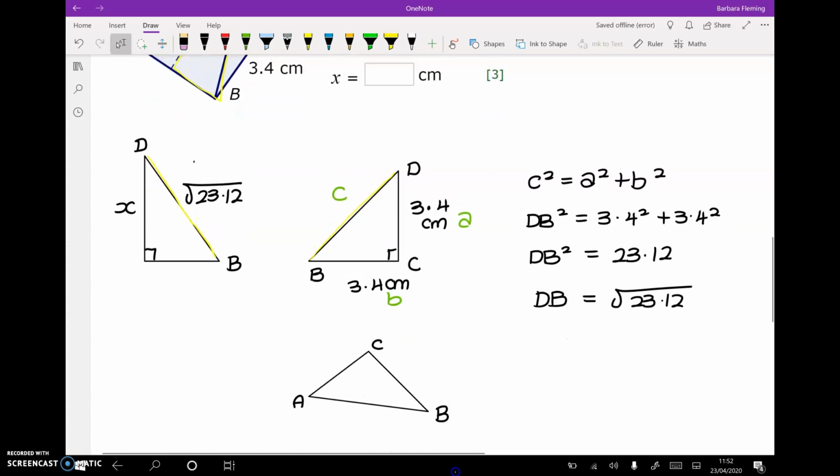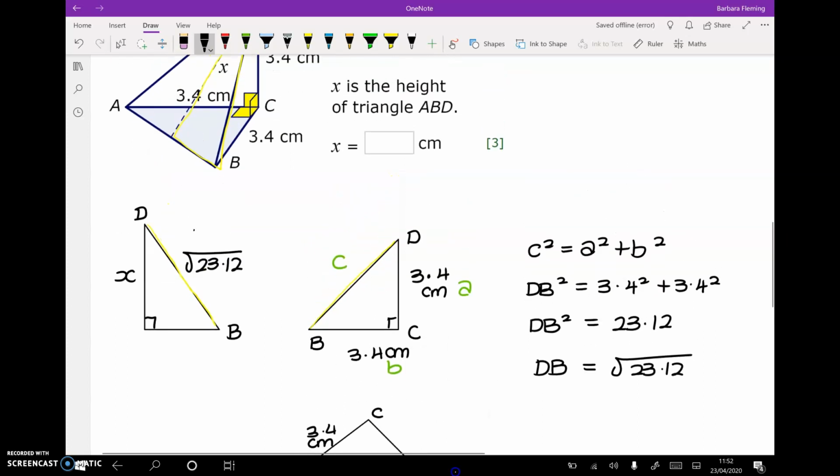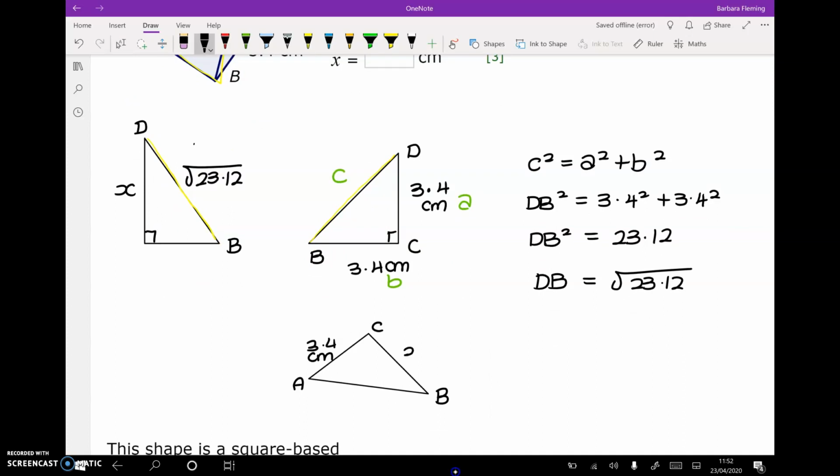So A to C is 3.4 centimeters. C to B is also 3.4 centimeters. And we want to find the length of this line here. We actually only want half of it. We only want it from there to there.